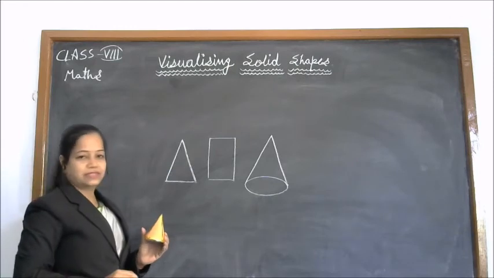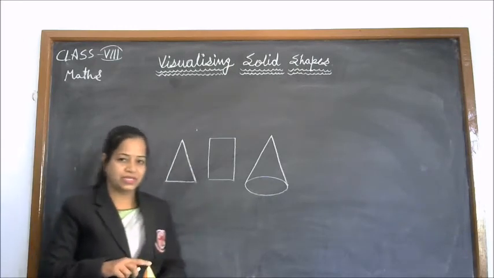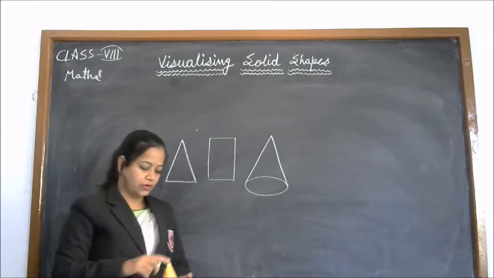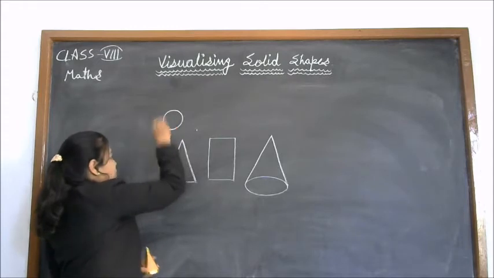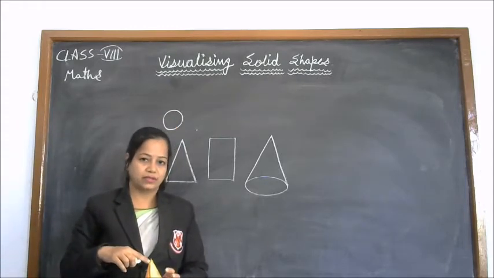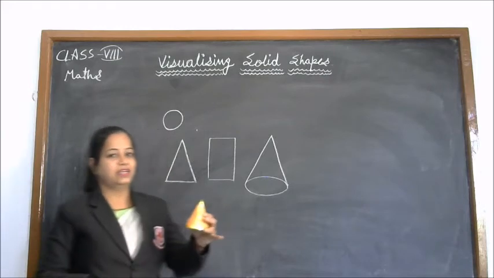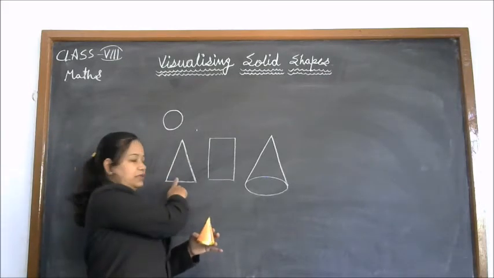If we see it from the top, we can see a circle. So its top view is circular and its side view is also triangular.